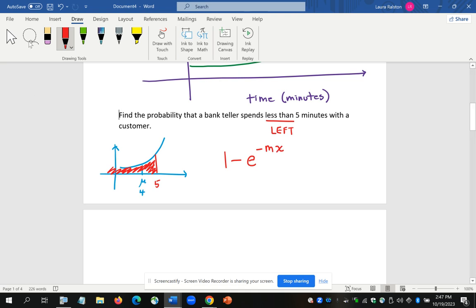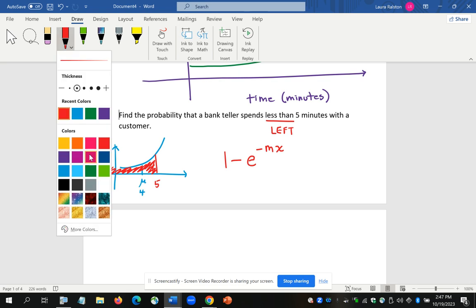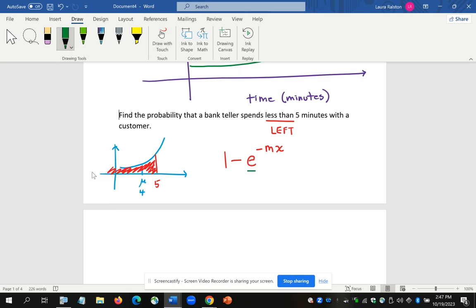Okay, I have all of the values already. e is a constant, programmed into my calculator. m is my decay parameter, which we know is 0.25. And x here is given in the problem as 5.